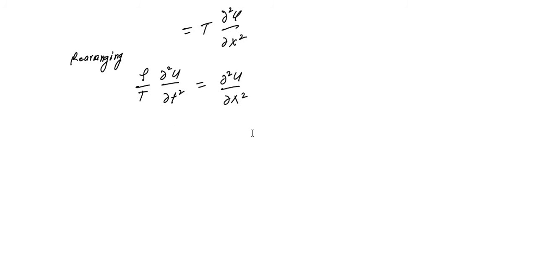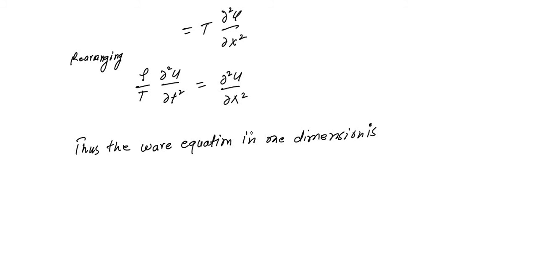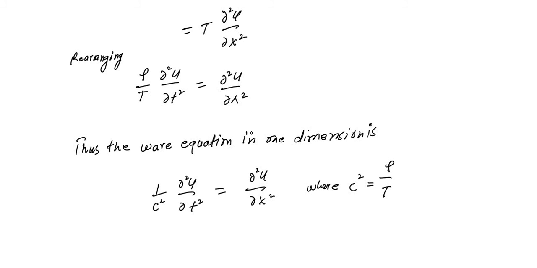Now in the last step, you can write thus the wave equation in one dimension is 1 by c square, second derivative of u with respect to t equals the second derivative of u with respect to x, where your c square is rho by t.